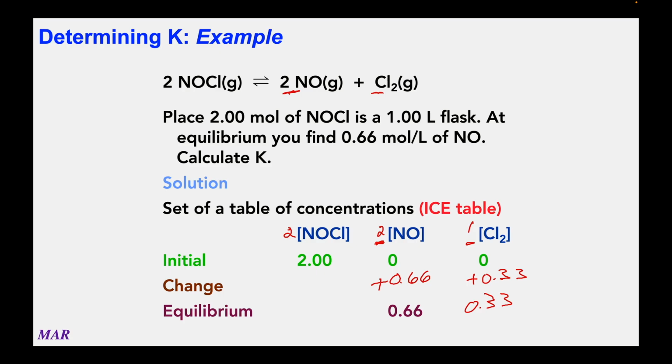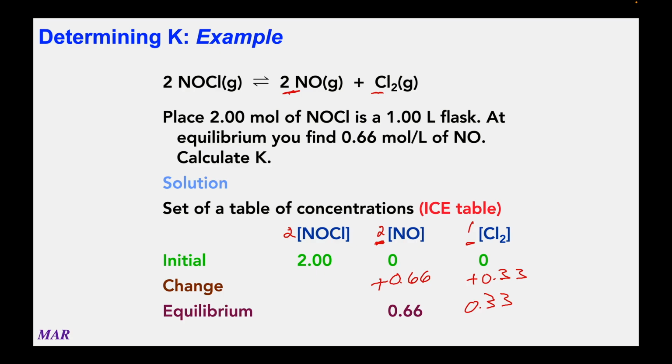But we're not done yet, because the NO and the Cl2 had to come from something, and they're coming from the NOCl. Notice how there's 2 NOCls being used up for every 2 NOs that are being made. If NO and Cl2 are increasing, they're products, they're being made, so they have to come from the NOCl.